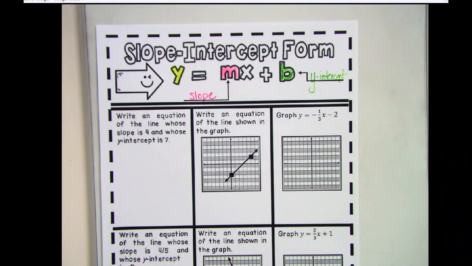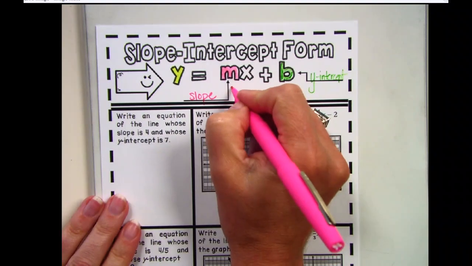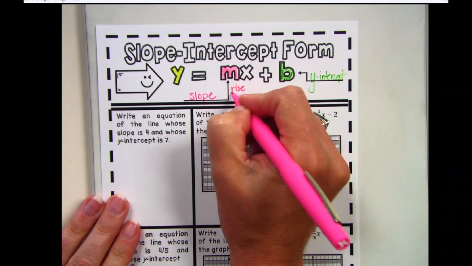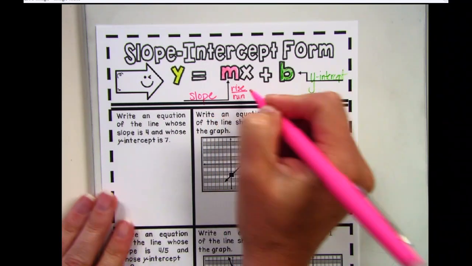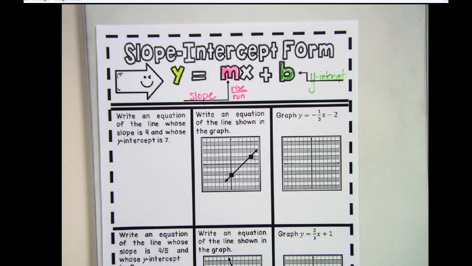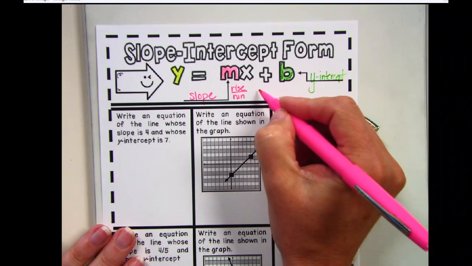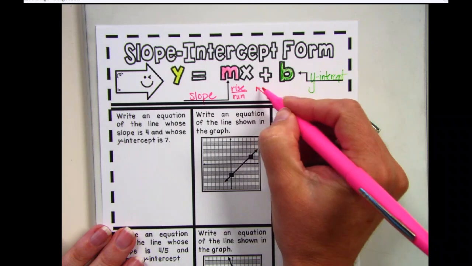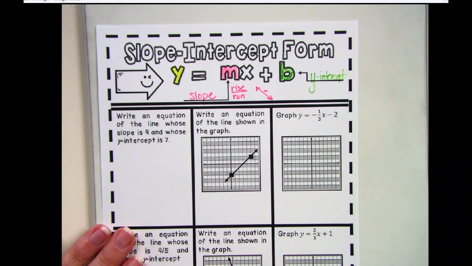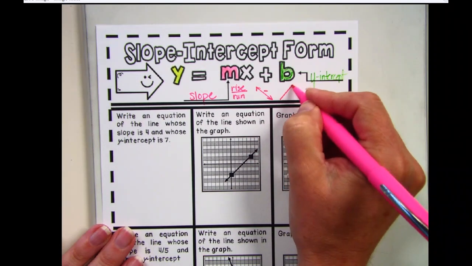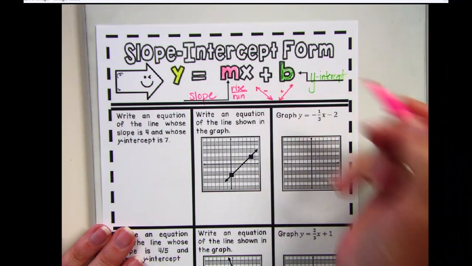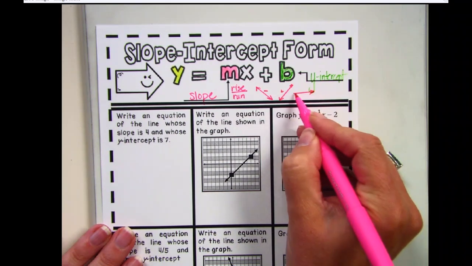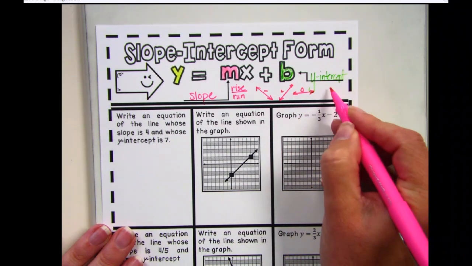Now when we do slope, we do talk about it being rise over run. And we did review that this is a negative slope. This is a positive slope. This is a zero slope.